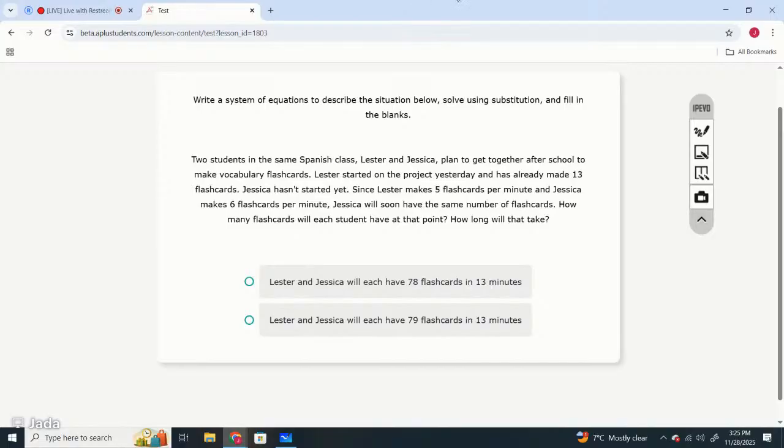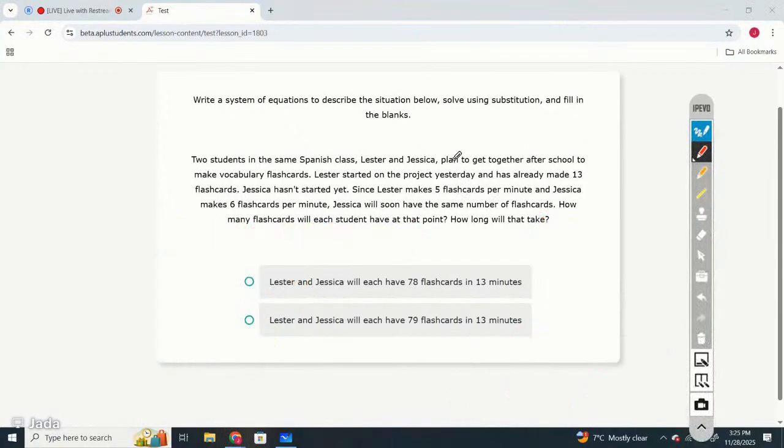Two students in the same Spanish class, Lester and Jessica, plan to get together after school to make vocabulary flashcards. Lester started on the project yesterday and has already made 13 flashcards. Jessica hasn't started yet.